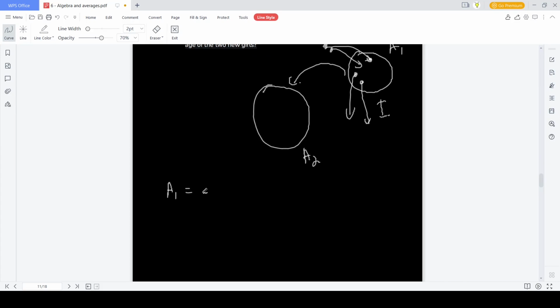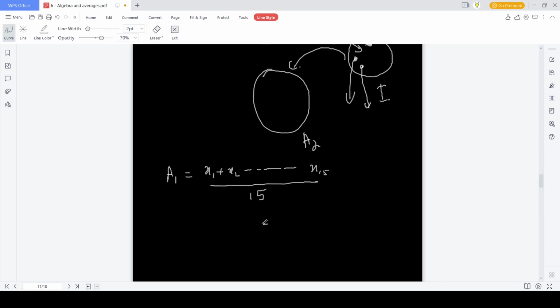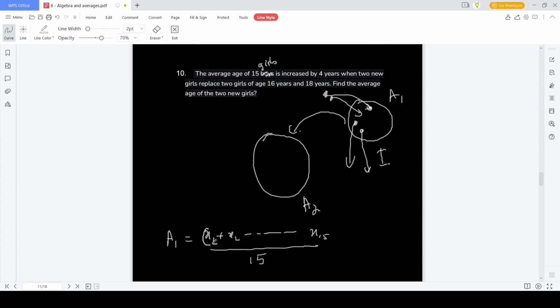A1, the initial average, is nothing but, let's say the 15 girls have ages x1, x2, so on up to x15. To find the average of their ages, you just add them and divide by the number of girls, that is 15. Now let's assume x1 and x2 were kicked out, and their ages were supposed to be 16 and 18.